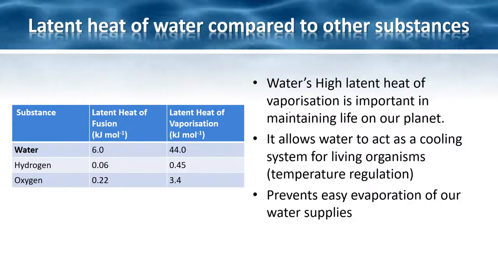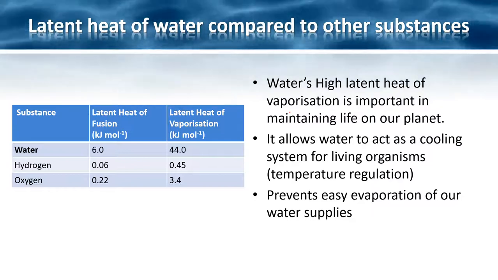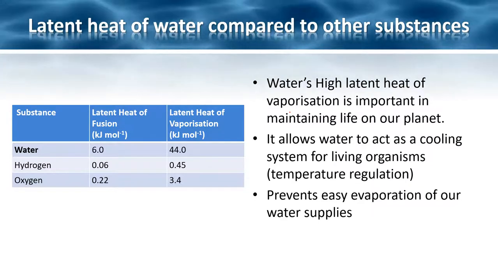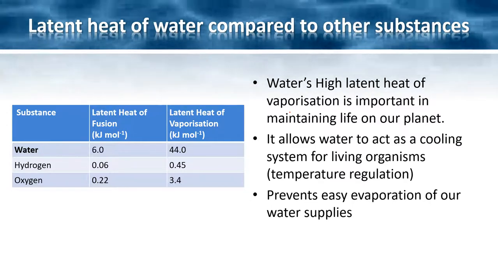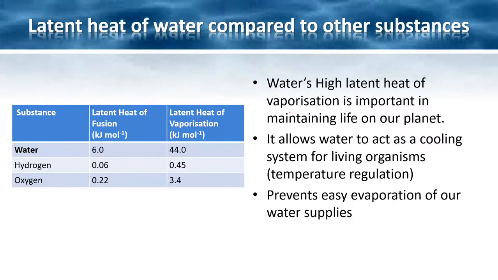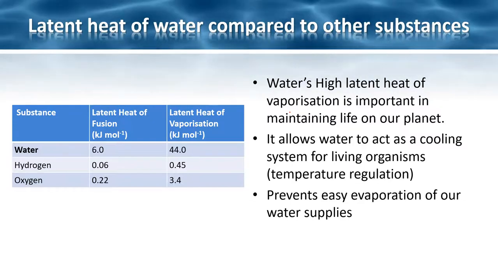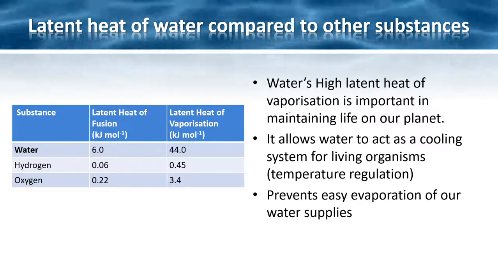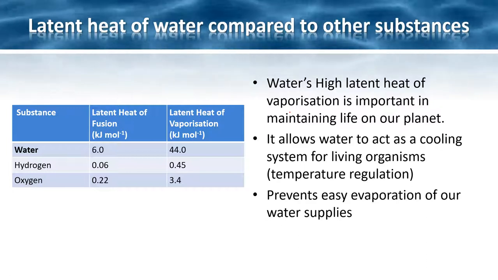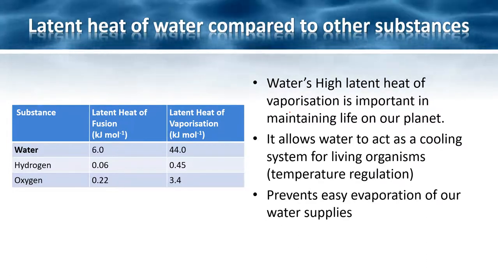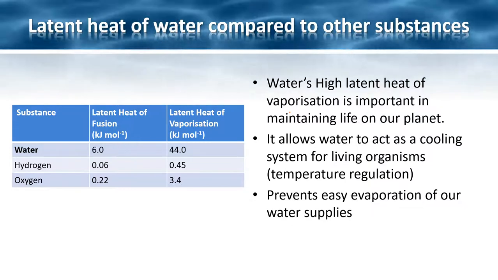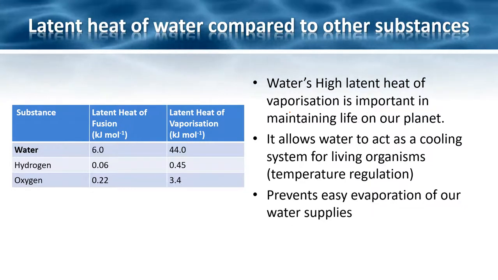It also helps to regulate the temperature on our planet in terms of water in our atmosphere. This also allows water to act as a cooling system for living organisms through temperature regulation, sweat, and things like that to help us cool. And because it has a high latent heat of vaporization, it doesn't evaporate as quickly as other liquids would for the same amount of energy coming down from the sun and things like that.